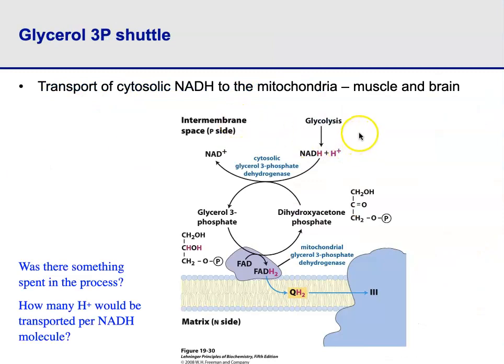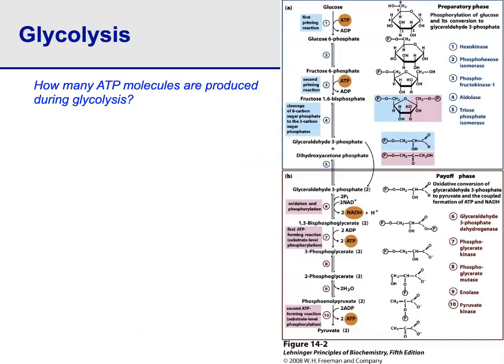If the electron pair loaded in NADH gets transferred to Q by glycerol 3-phosphate dehydrogenase, which happens in the muscle and the brain, we will only get 6 protons, or 3, I'm sorry, not 2, 1.5 each, 3 molecules of ATP.